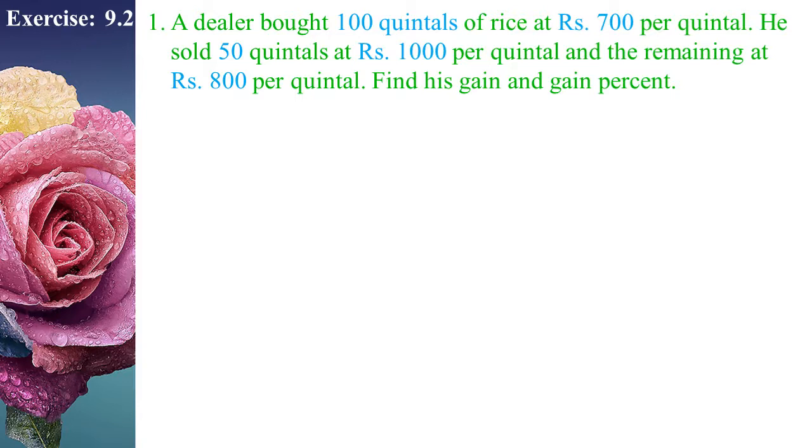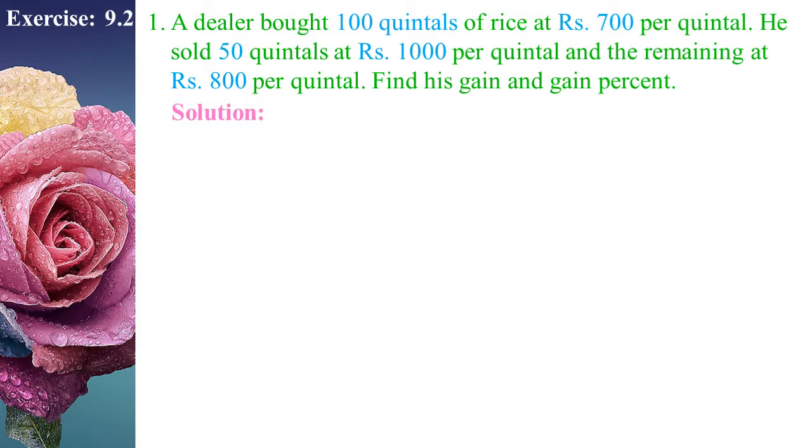Here, to find gain percent, first we need to find gain. Children, already we know gain is equal to selling price minus cost price. So, first we need to find the total cost price and the total selling price.